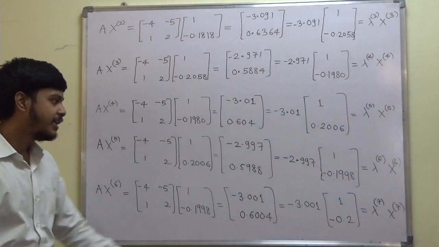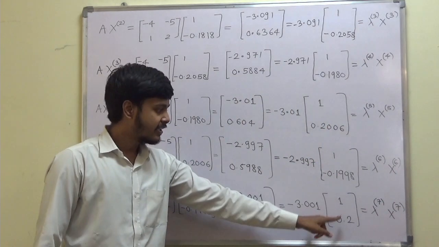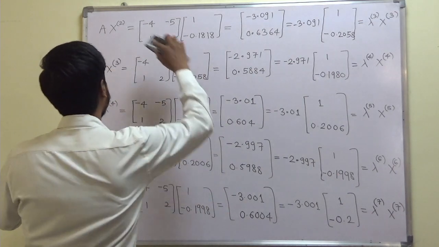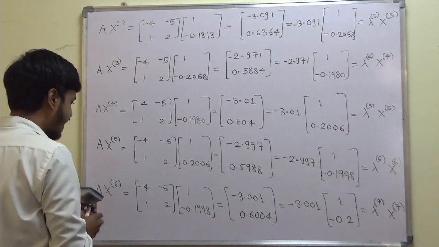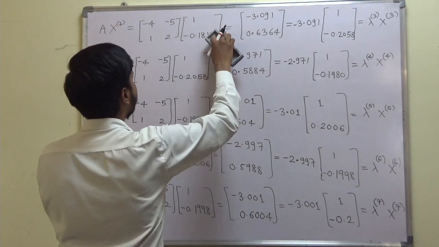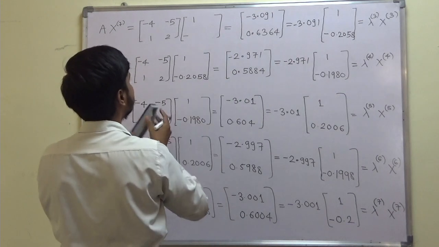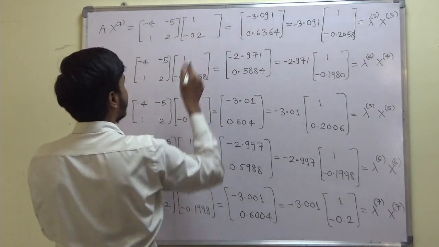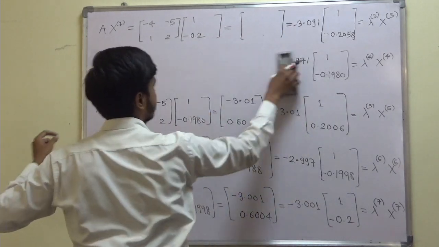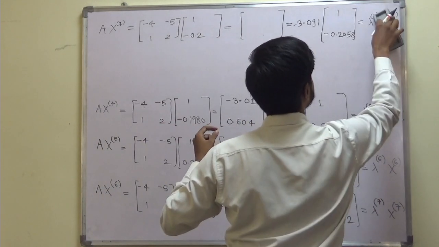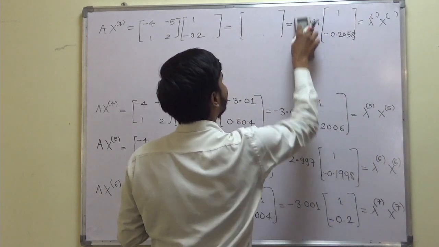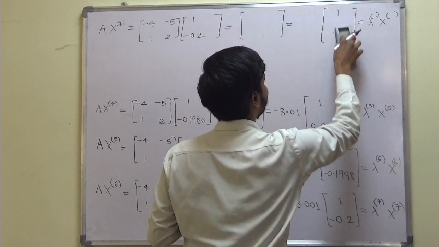Now again you can see the difference is not negligible. So again I am going to take one more value, say AX7. When I find out AX7, I just need to solve these values. So I am getting an advantage on writing on the board.